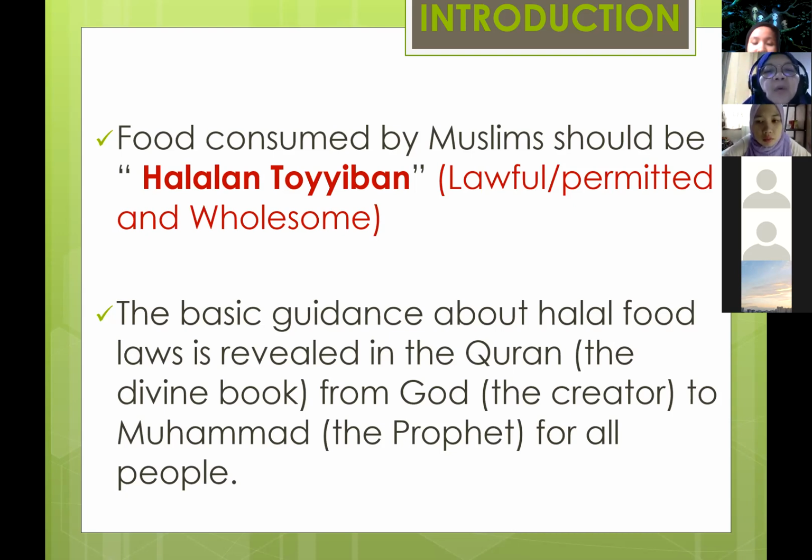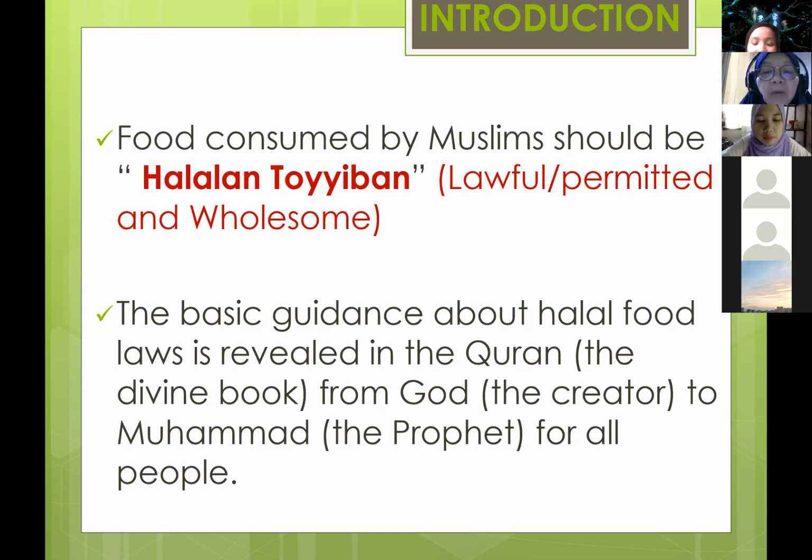And where is the guidance on Islamic dietary law obtained? Where does it come from? For the Muslim, we are guided by the Quran, the divine book from Allah. The words in the Quran are from Allah.